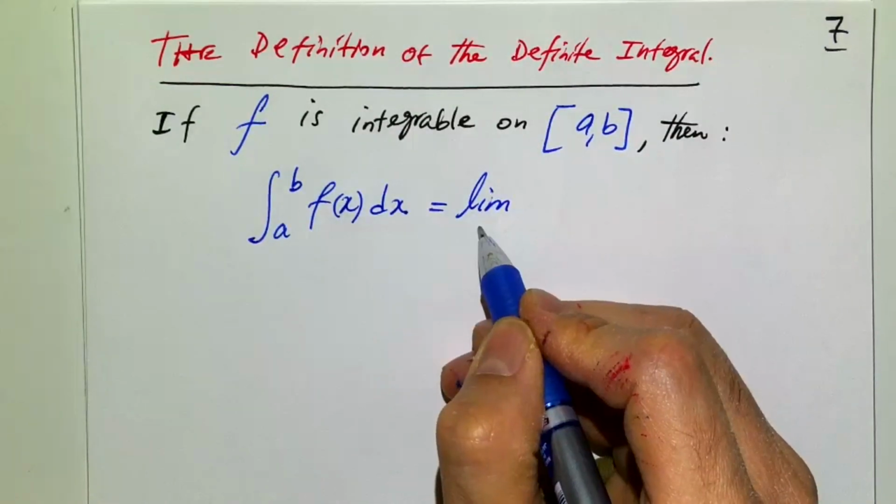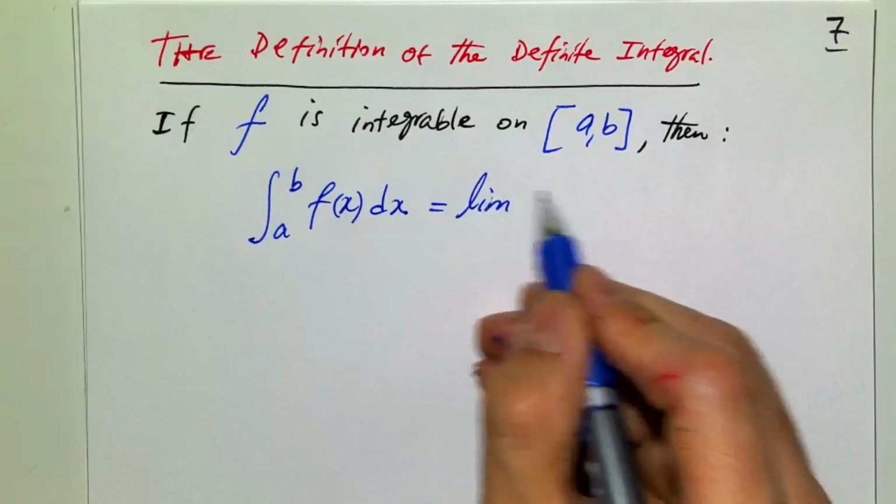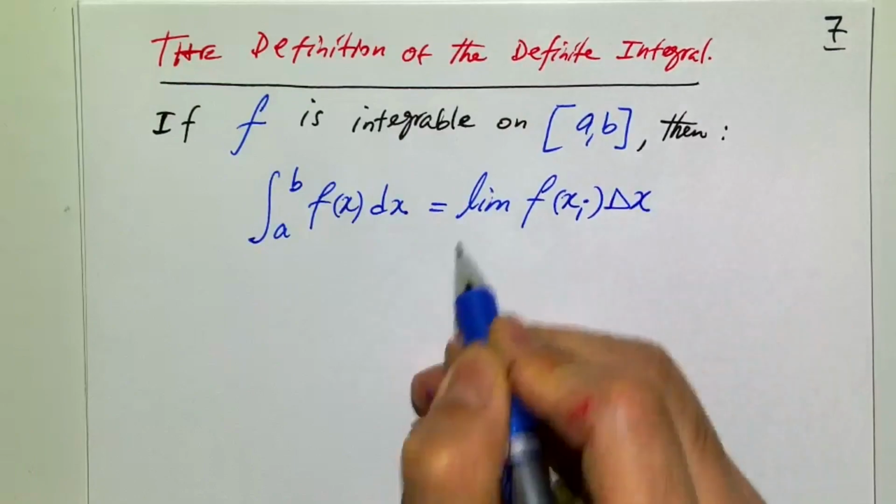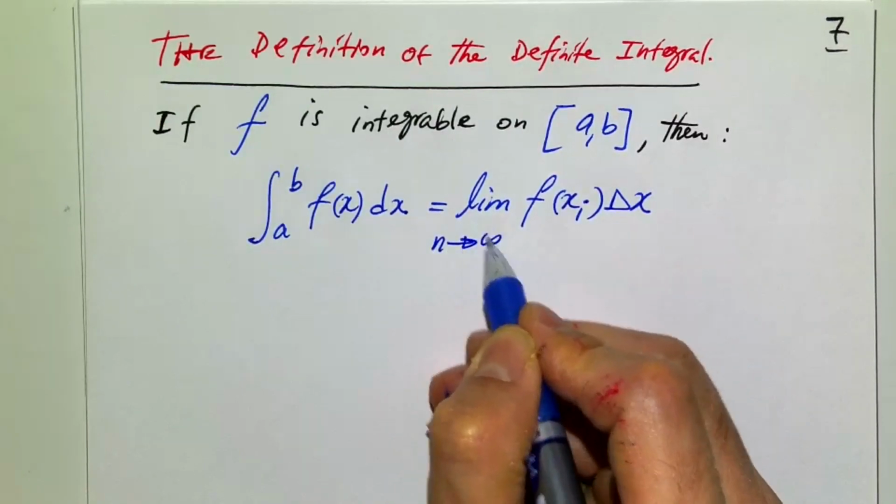the limit of the sum as n goes to infinity.